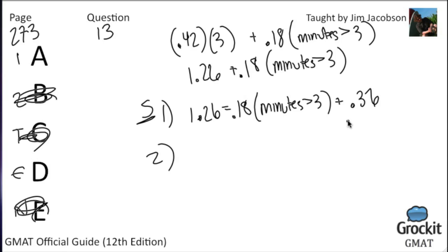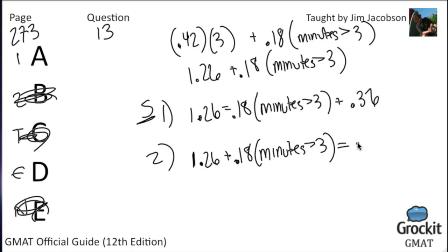Statement 2. The total charge for the call was $2.88. So we can reuse our equation again. $1.26 plus, of course now I'm wishing I had just assigned this as a variable at the beginning, but whatever. $1.26 plus 18 cents times the minutes greater than 3 equals $2.88.